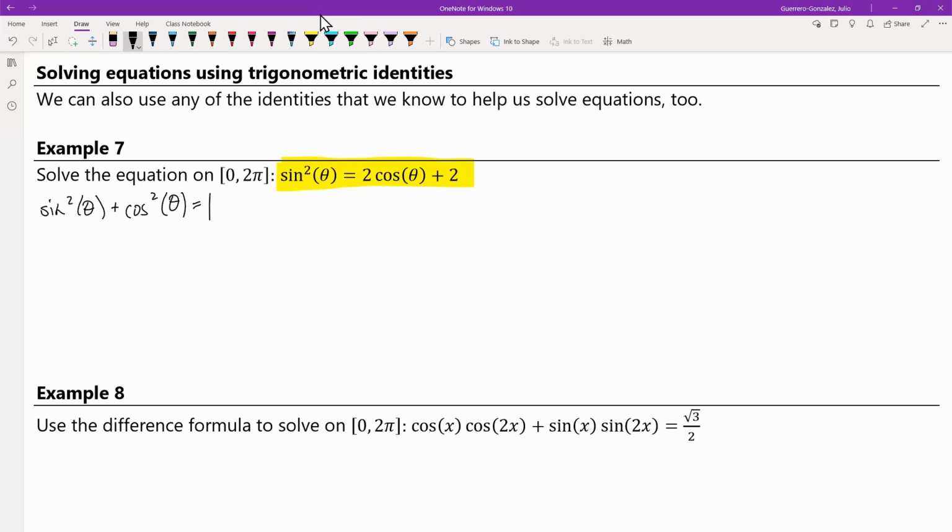I can also rewrite this as sine squared theta is equal to 1 minus cosine squared theta. Got it? That's what we're going to use to substitute that. So then our equation becomes this: 1 minus cosine squared theta is equal to 2 cosine theta plus 2.